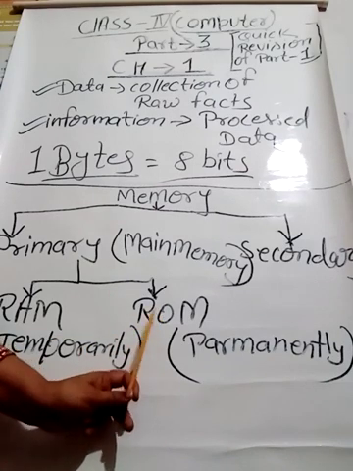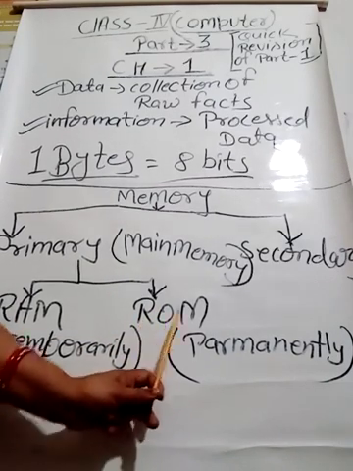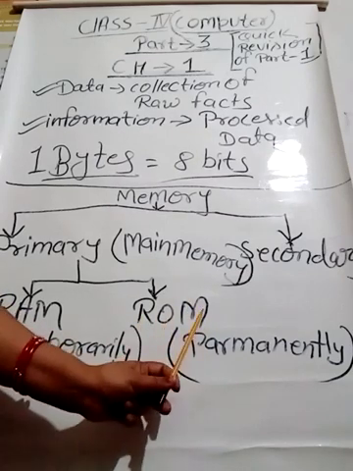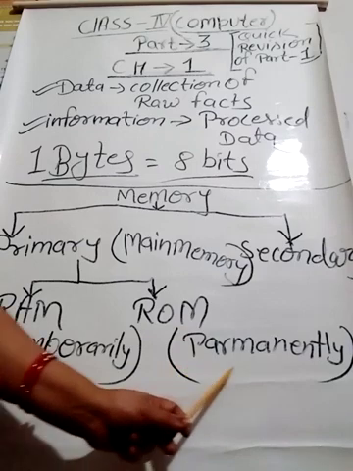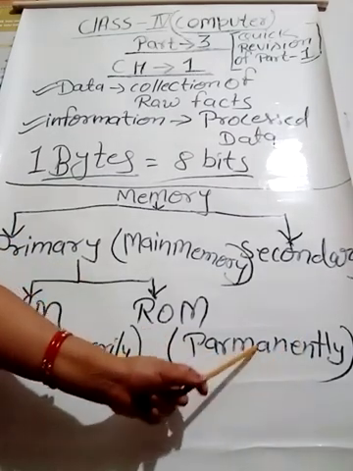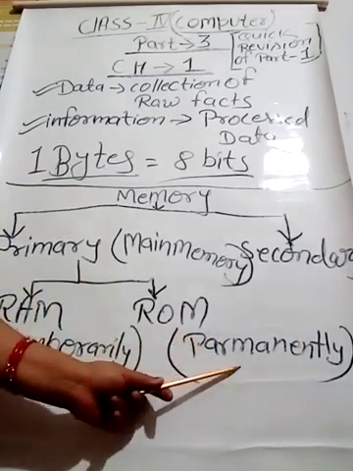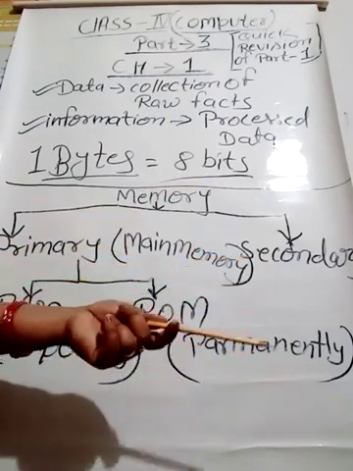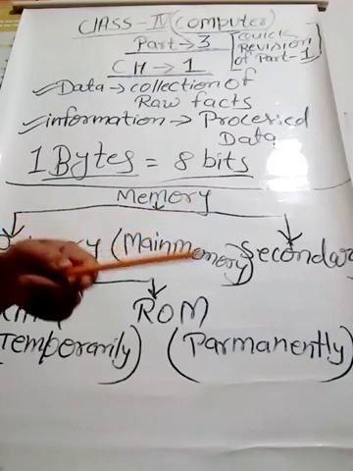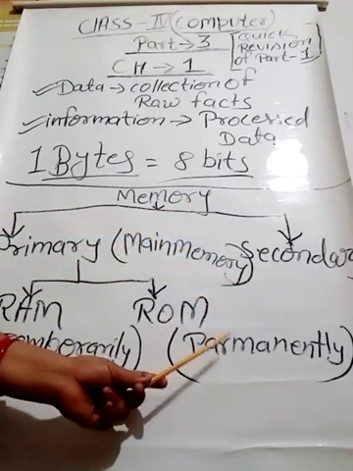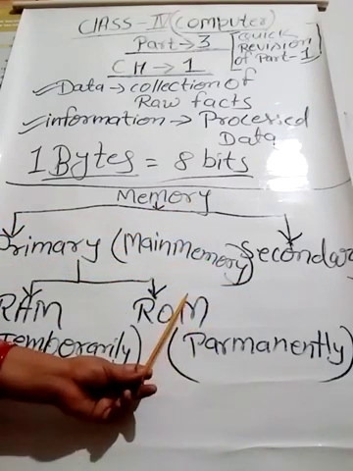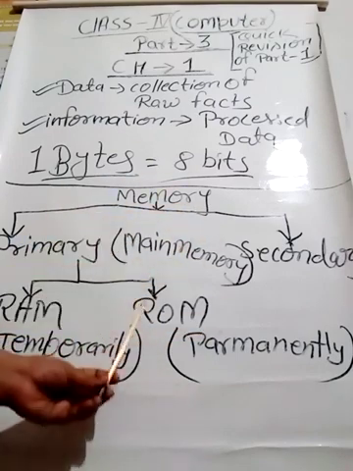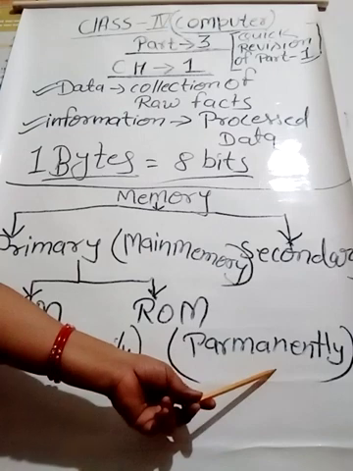Then ROM, read-only memory, stores the data permanently. Permanently means when we store the data inside it and switch off the computer, again in future when we switch on the computer, we can see the data which we have already stored inside it. So it keeps the data permanently.